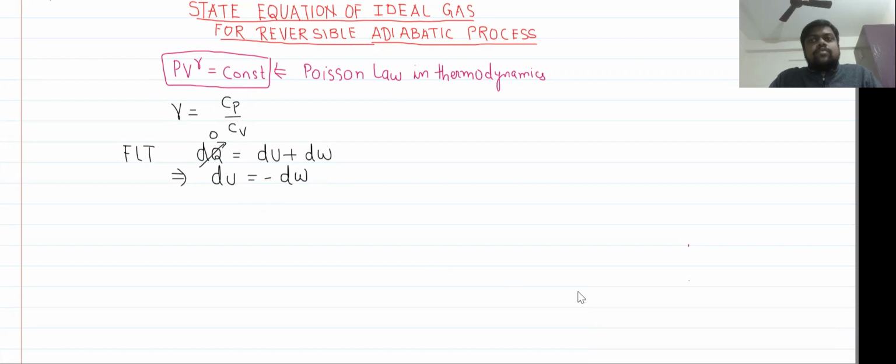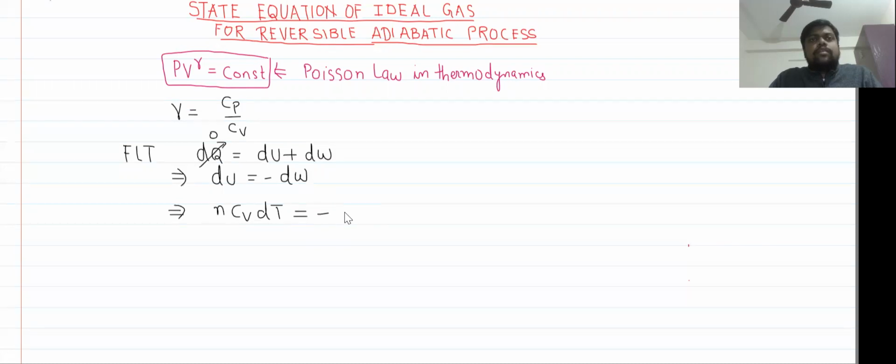And we also know that du, for this process, will be n Cv dT. This is for any kind of process, and dT, better you can write capital T, will represent change in temperature, which is equal to minus dW.